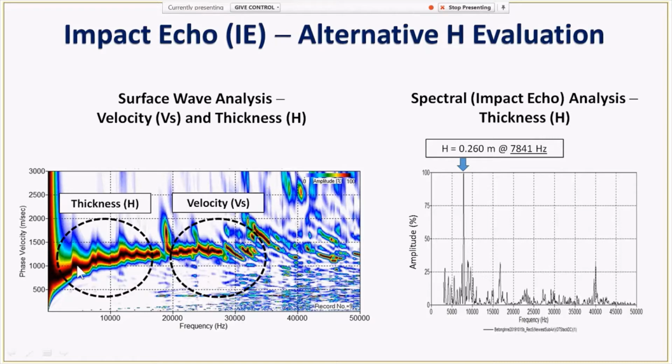This part is very critical for the accurate evaluation of the thickness. But sometimes, because of multiple reasons, this low frequency part is missing. And then our thickness evaluation may become unreliable. That's why we are considering another independent approach, impact echo, as a supporting method for thickness evaluation.